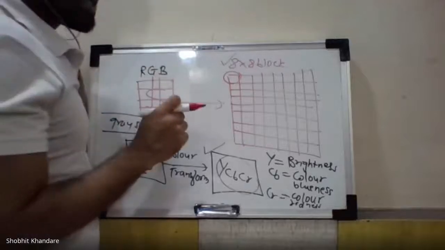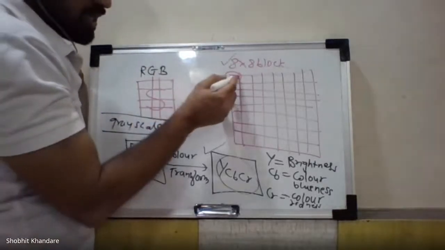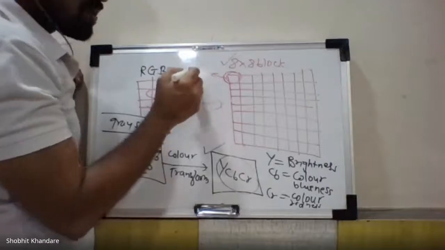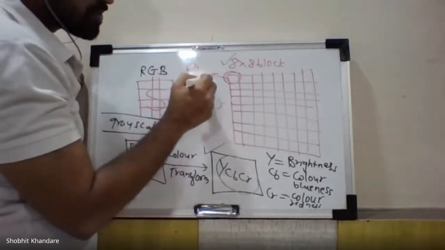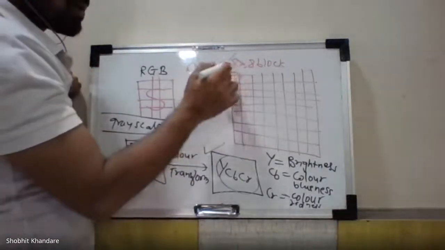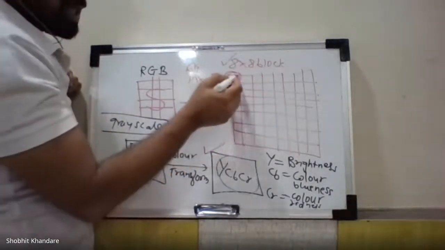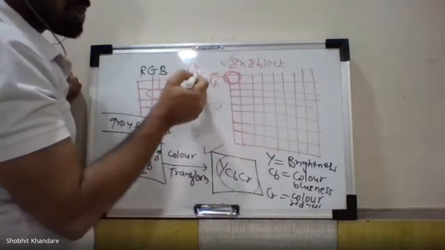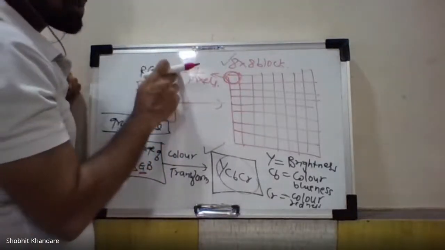Now, when you talk about 8 by 8 blocks, each block will have 64 pixels. So whenever you convert into 8 by 8 blocks, each block will have 64 pixels.